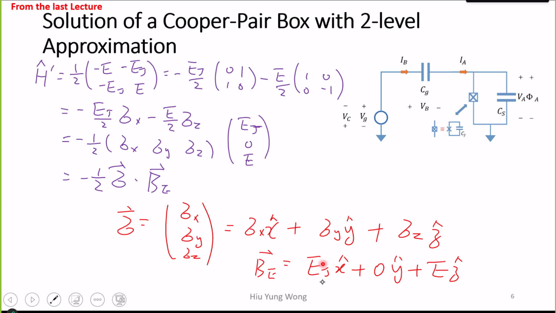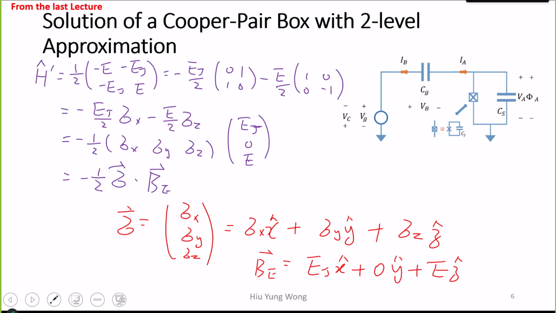It's not really a magnetic field. The reason I write it this way is just that we see that this is similar to a spin under an external magnetic field. We have studied how to solve the Schrödinger equation of a spin under a magnetic field, which has a similar Hamiltonian. So if we repeat the process, we will get the same result after proper substitution. That's what I want to say, right?